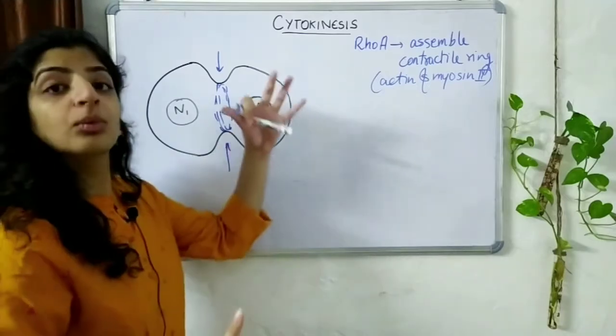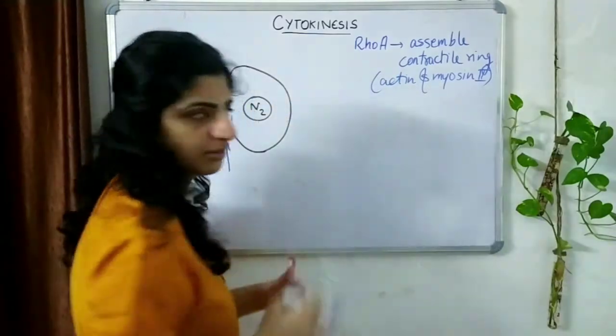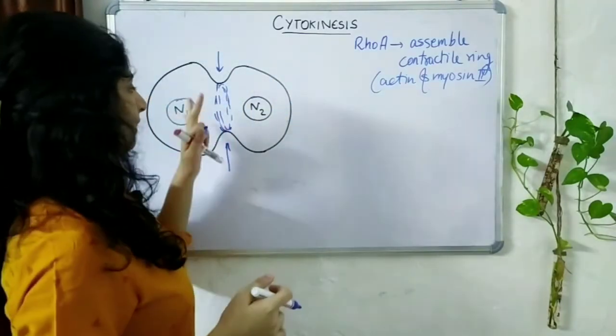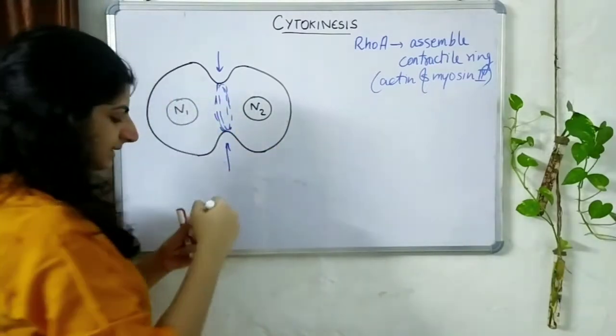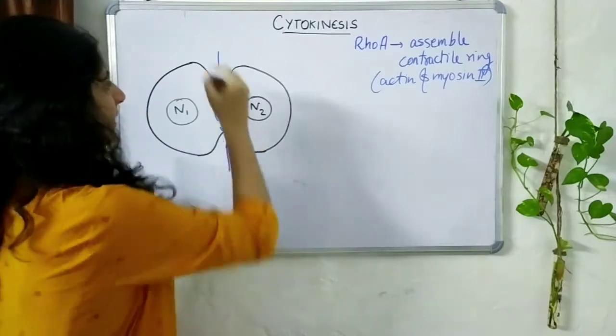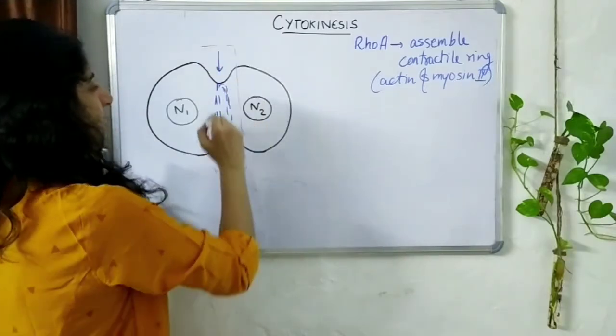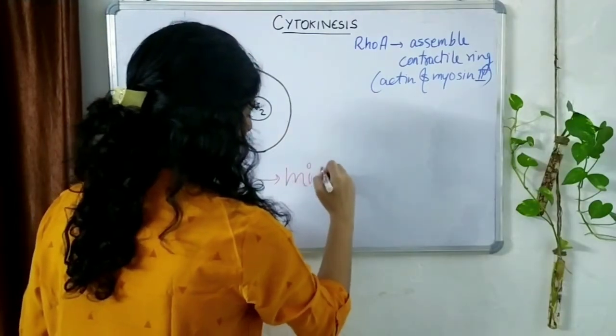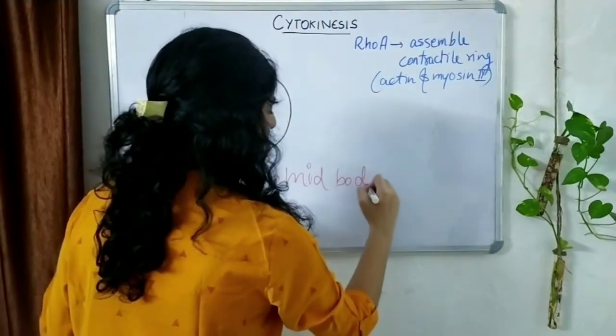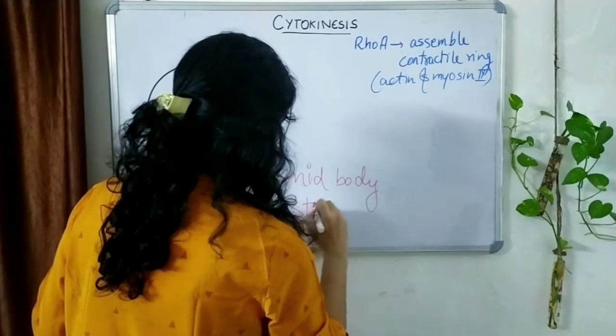It has started to contract due to the actin and myosin. As the contractile ring contracts, this entire region that is being divided forms the mid-body structure.